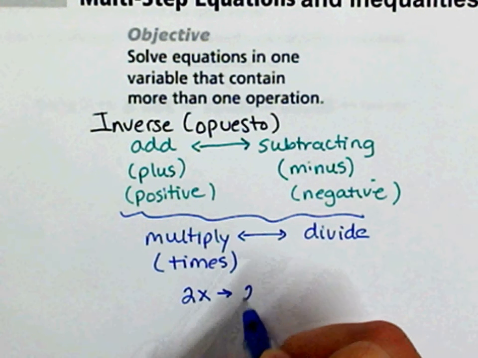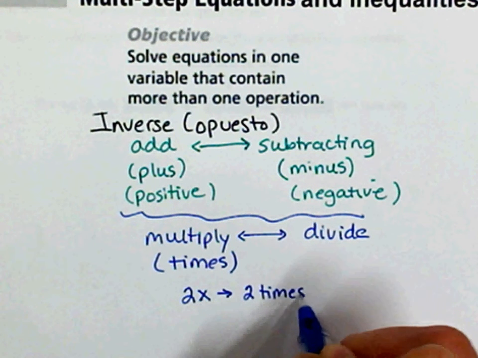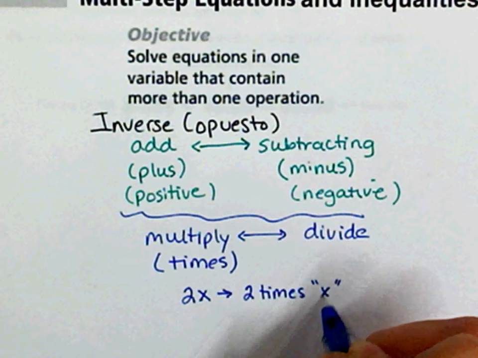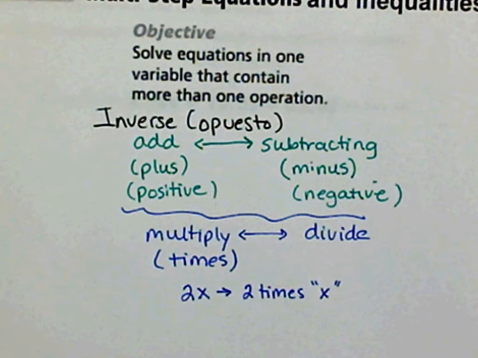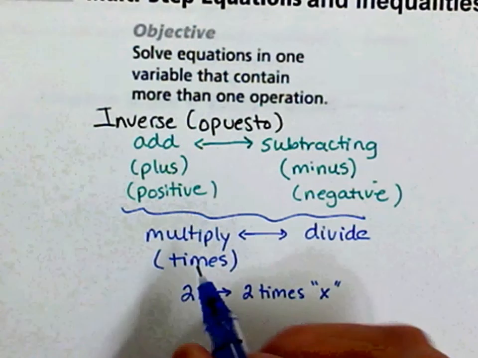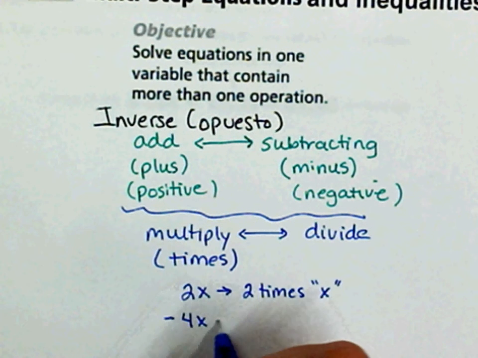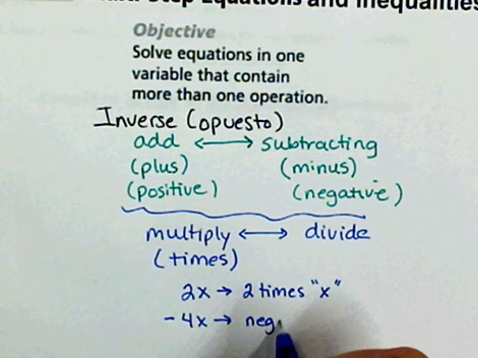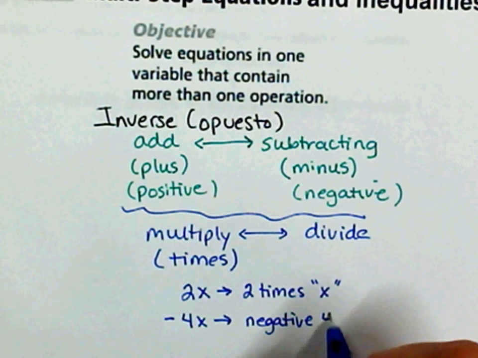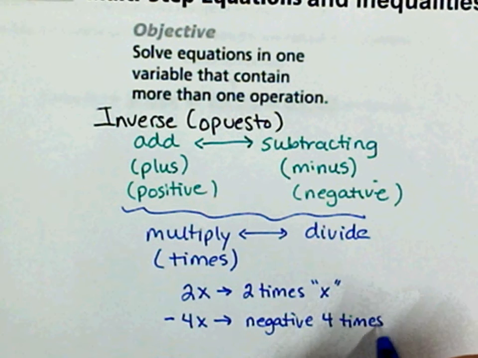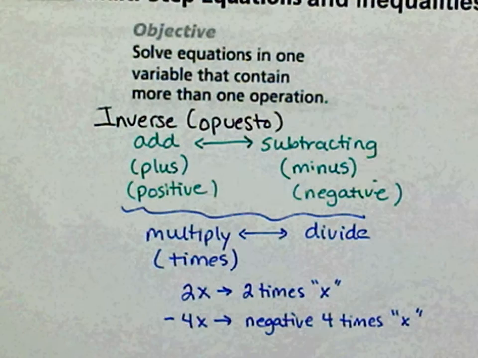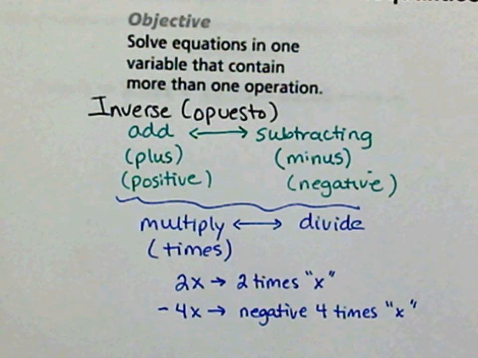This means 2 times x. See that? Because they're next to each other, that means times. And if it's written like this, it means negative 4 times x. So you guys know this, but I want to review just to make sure.